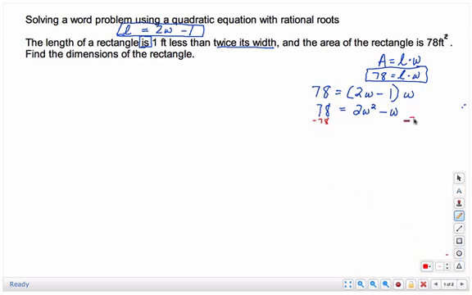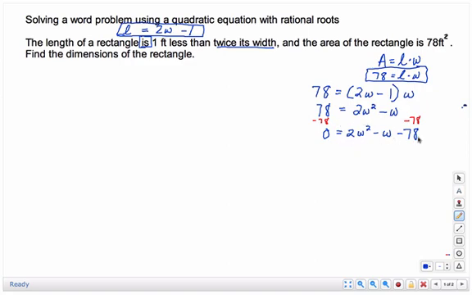We don't have any like terms over here on the right side, so I'm going to rewrite what our equation is going to look like, and that's going to be 0 equals 2W squared minus W minus 78. It doesn't matter really which side of the equal sign you move everything over to. I like to keep my squared value, my coefficient, positive, but you can do that either way.